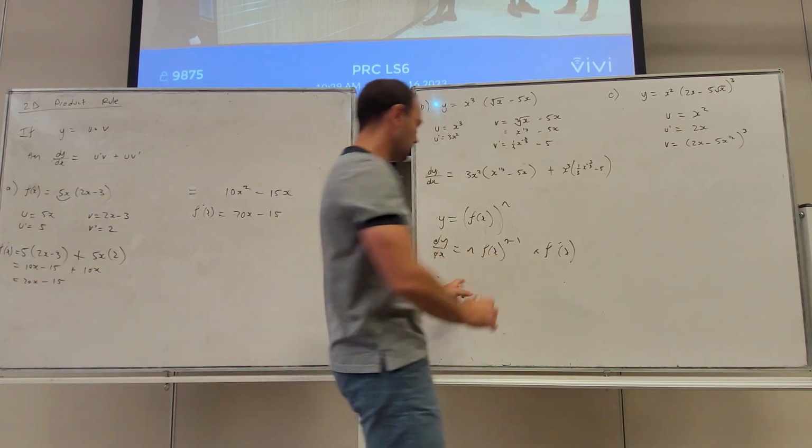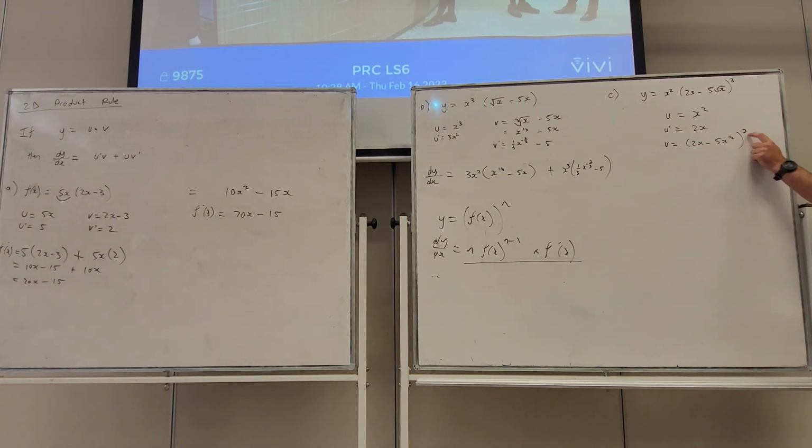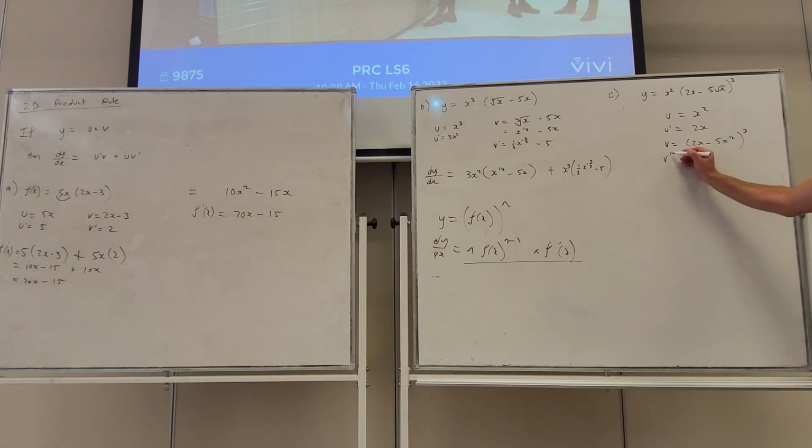And so we're just going to apply the chain rule right here. We can see we've got a function to the power of n. So then the derivative of that function is going to be n multiplied by the function to the power of n take 1. That's the first part of it.